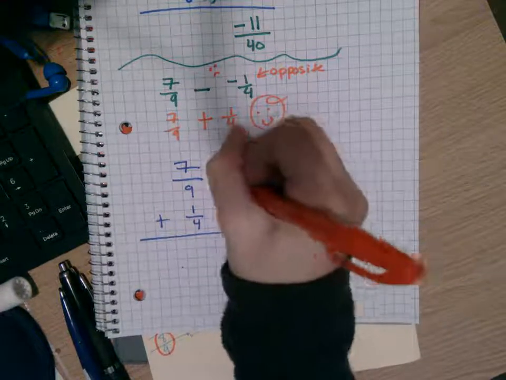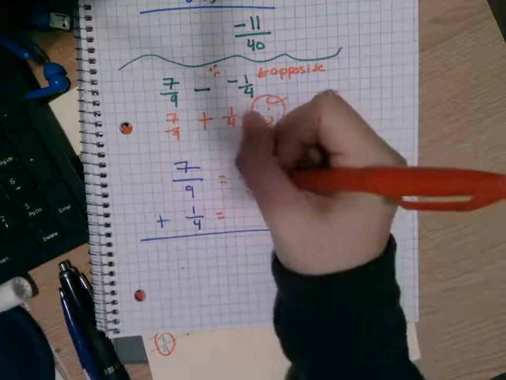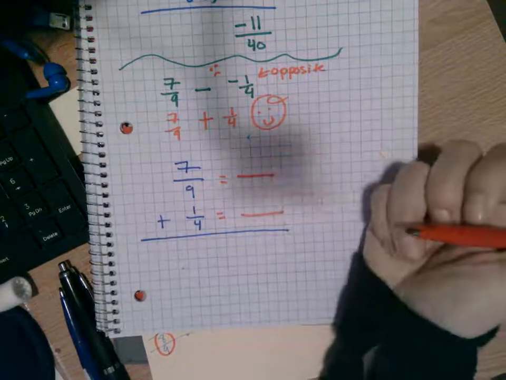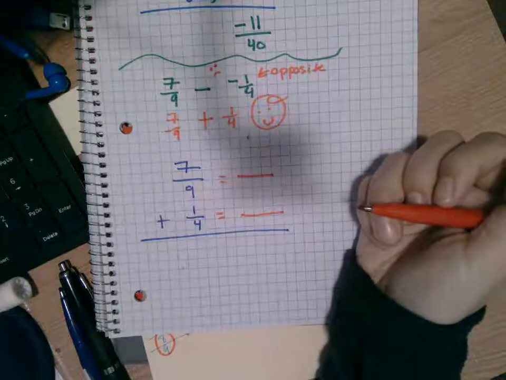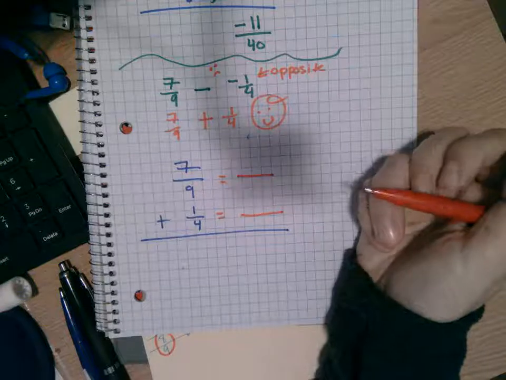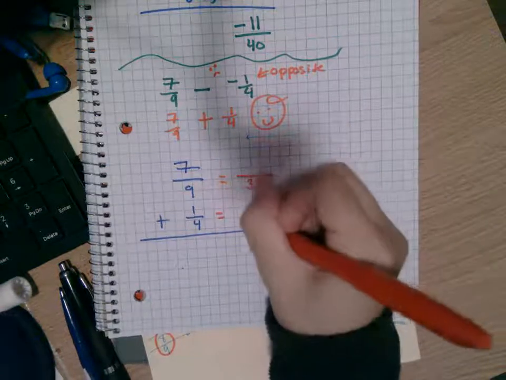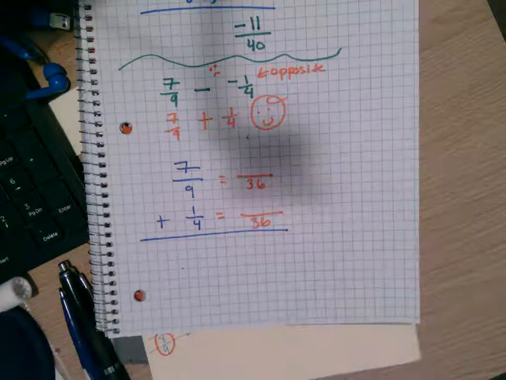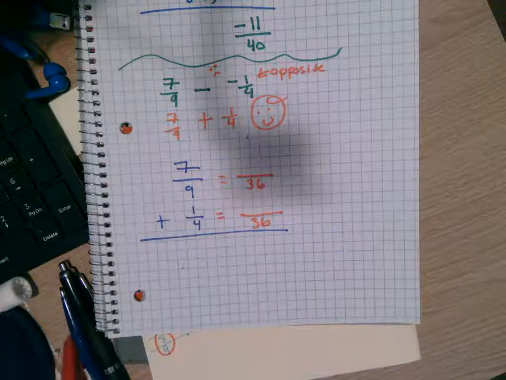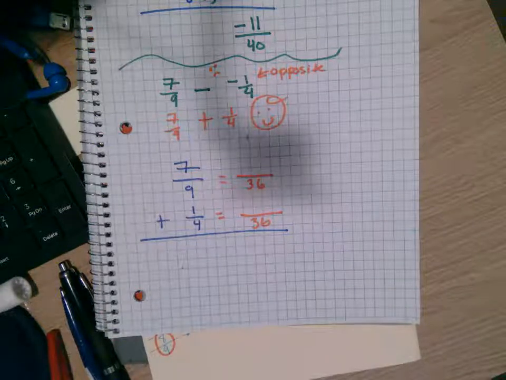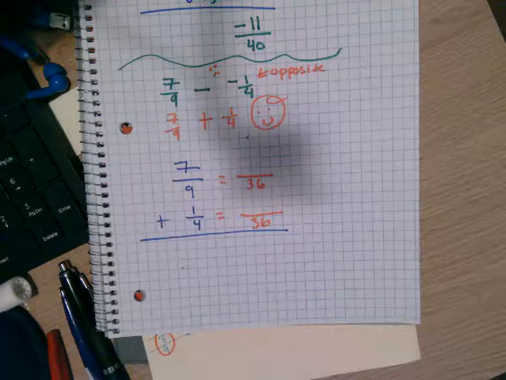Now we've got to figure out, what do 9 and 4 have in common? 36. Cool. And 9 times 4 is 36, times 1 is 9.